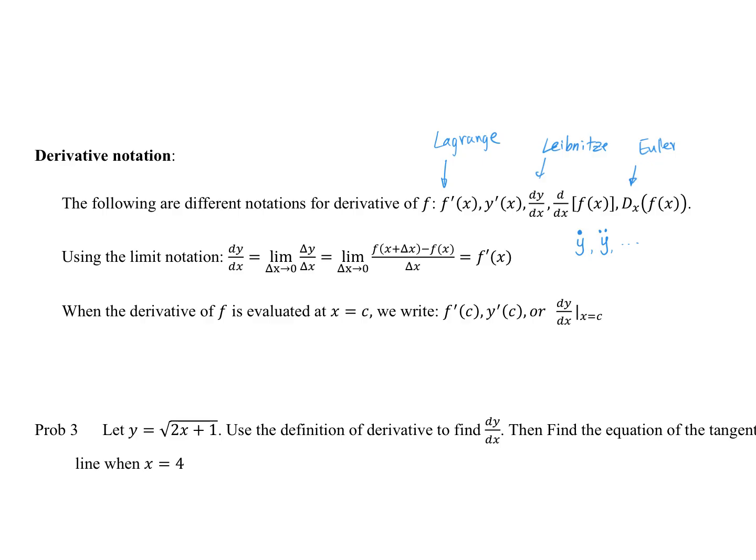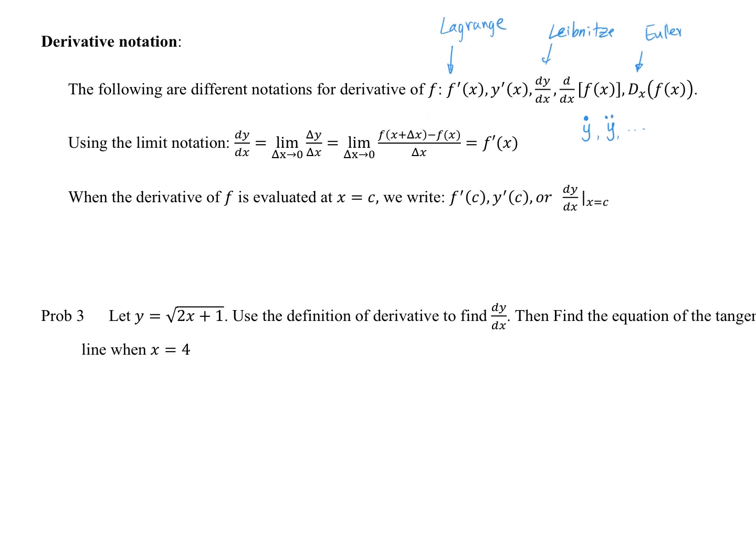When the derivative of f is evaluated at a specific point c, this is how we write f prime of c. That means find the derivative at c, or y prime of c, or dy dx with a vertical bar and the specific value of c of x indicated here.